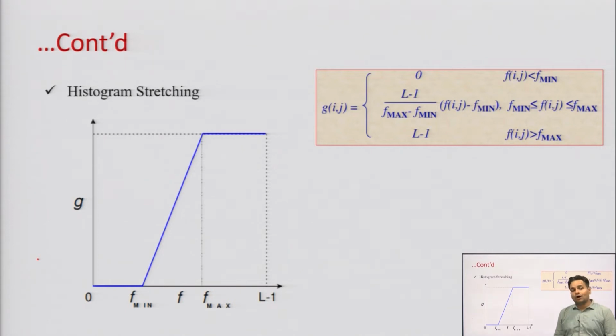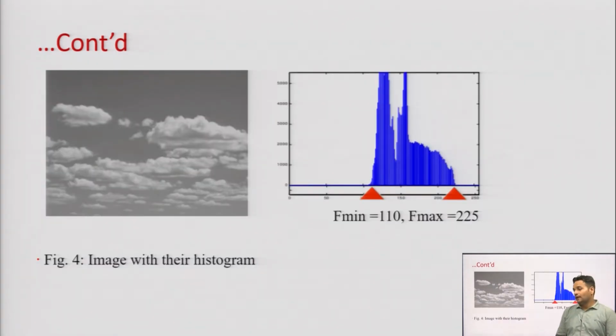Okay. So, that also looks like a straight line, so that is also under the linear type of function. Now, if we talk about this particular image, then you can identify f minimum and f maximum. Okay. So, between 0 to 255 you can find the value of f minimum and f maximum.